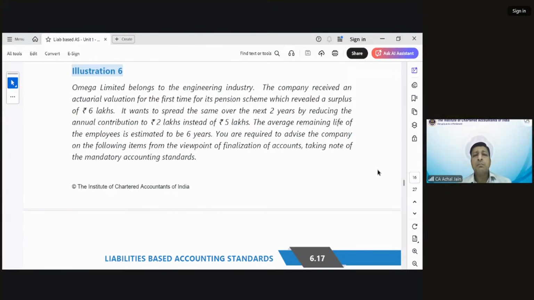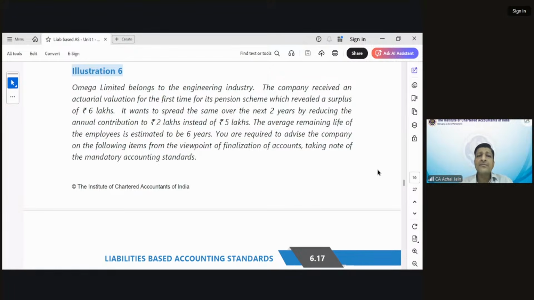Omega Limited belongs to the engineering industry, which means it's into the engineering business. The company received an actuarial valuation for the first time for its pension scheme, which revealed a surplus of 6 lakhs. It wants to spend the same over the next 2 years by reducing the annual contribution to 2 lakhs instead of 5 lakhs.